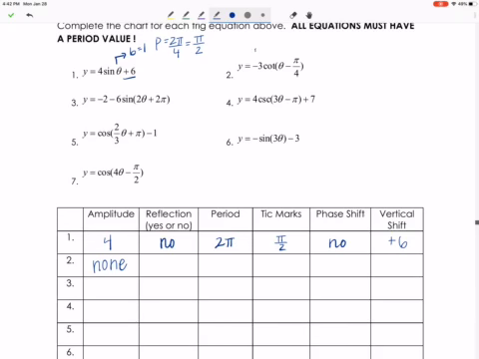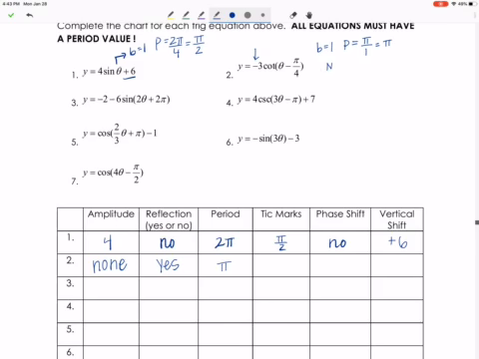Is it a reflection? Yes, because we have a negative coefficient out front. Your B value is a single 1. That's the same as it always is, but if you wanted to check it again, cotangent normally has a period of pi, and if I divide pi by 1, that's still pi.